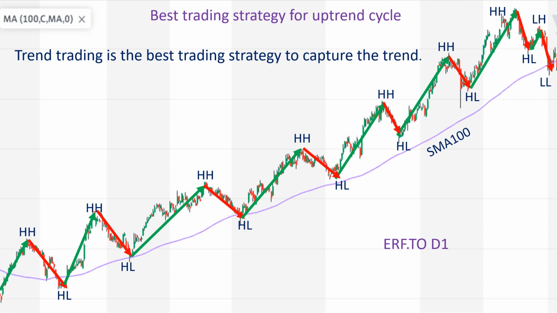Then you put your stop loss. As soon as the next candle opens above the higher swing low, you can enter the market and put your stop loss below the higher swing low, or below the market structure, maybe 1 or 2 ATR below the market structure. This is how you trade the uptrend cycle.